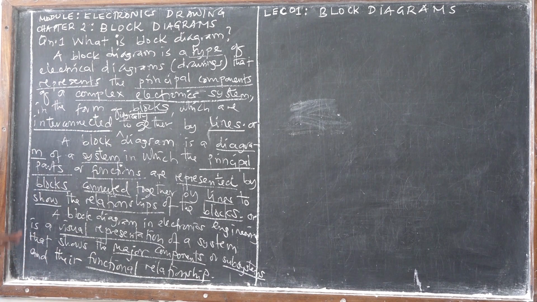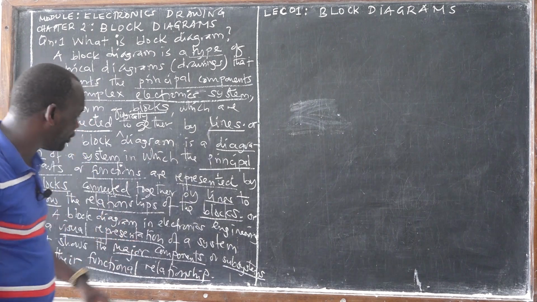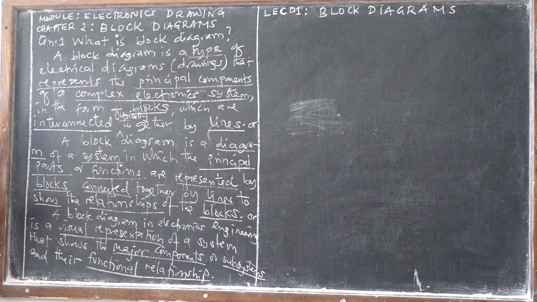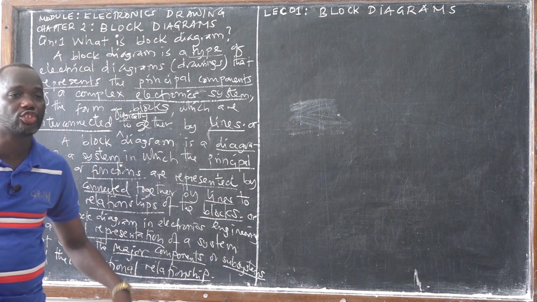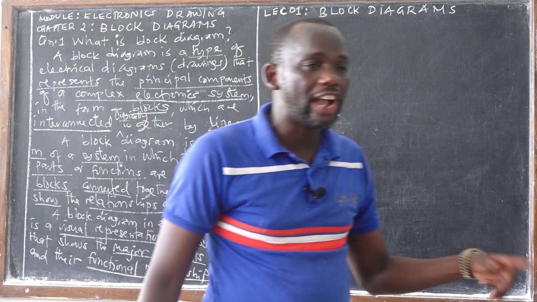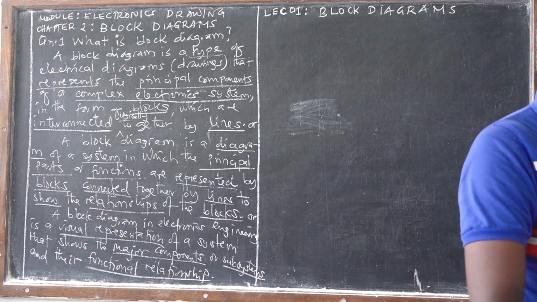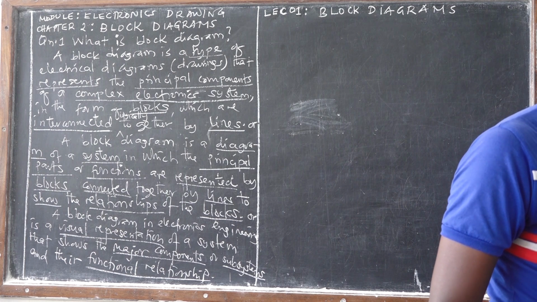Let me repeat: a block diagram in electronics engineering is a visual representation of the system. How does it represent? It shows major components or major subsystems. Say major components or major subsystems.